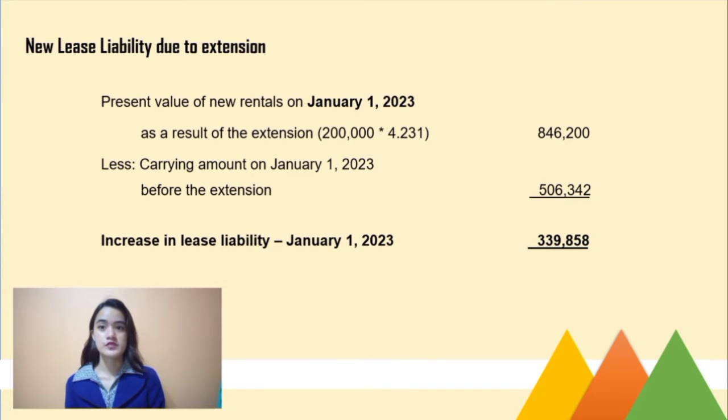So, subtracting these two, we will get the increase in lease liability on January 1, 2023 with the amount of 339,850. So, originally, dapat 506,342 na lang yung remaining balance ng lease liability ni lessee. However, dahil sa extension ay nadagdagan pa siya ng amount na 339,858 pesos.